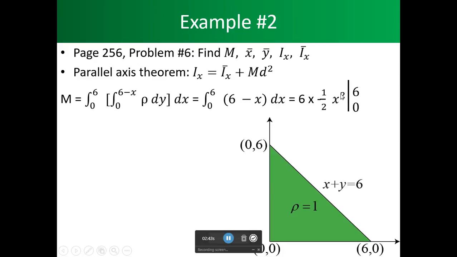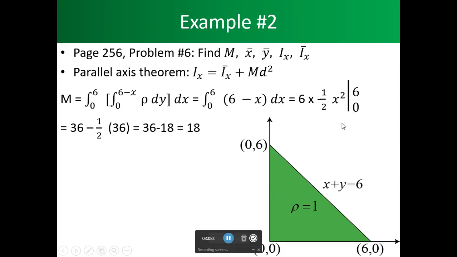Then if we take the integral of 6, we get 6x, and then that's supposed to be a minus, minus our 1/2 x squared. And we're going to evaluate that from 0 to 6.